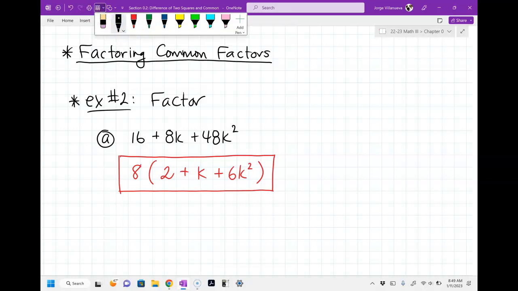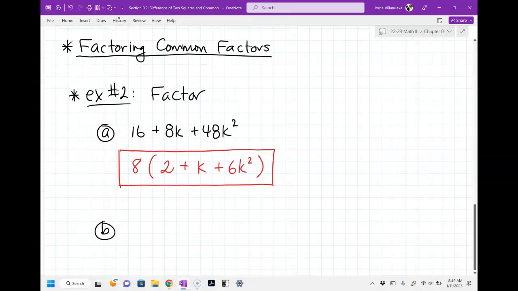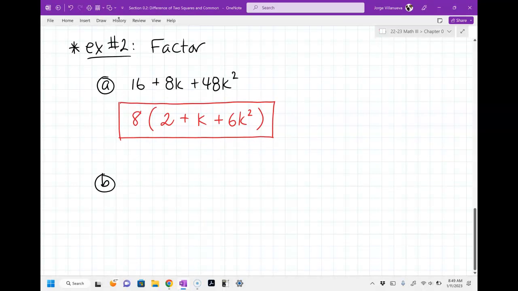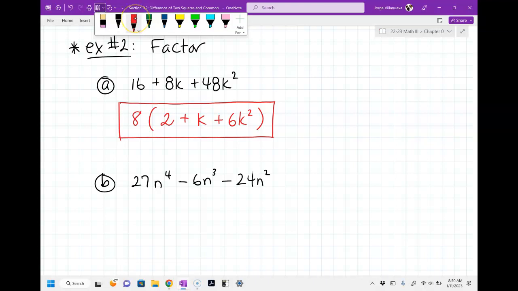Now, if they're going to try to make it a little bit tougher, they might give you a problem that looks a little bit more like this. So let me see. We'll try 27n to the 4th minus 6n cubed minus 24n squared. So we look at variables first.